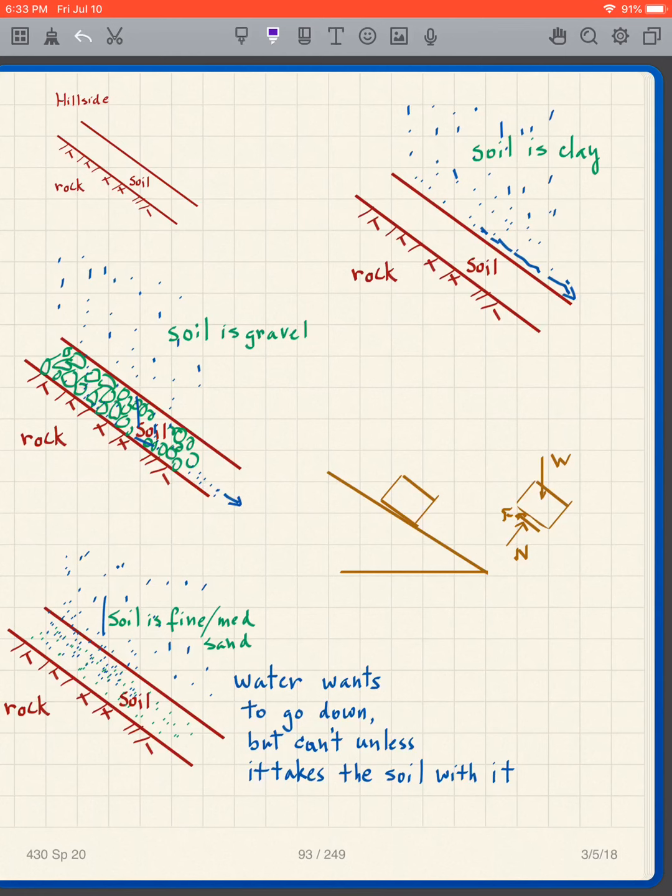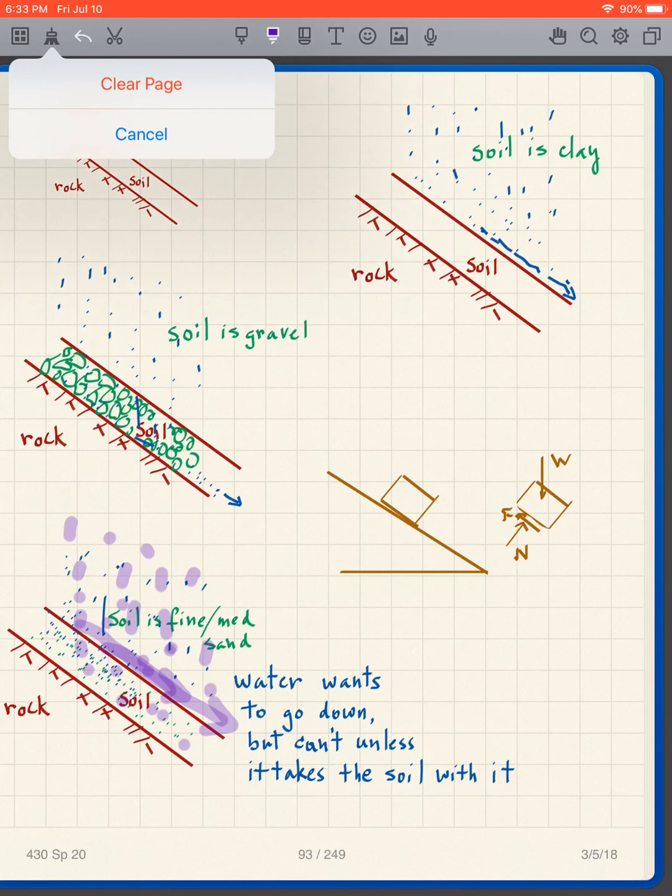doesn't do anything. But now let's take the situation where the soil is fine to medium sand, for instance. Now what happens? It rains. Some of the water is going to go off the top, but water can get into sand. If it rains enough, some of it is going to run off the top, but some of it is going to go into the sand.